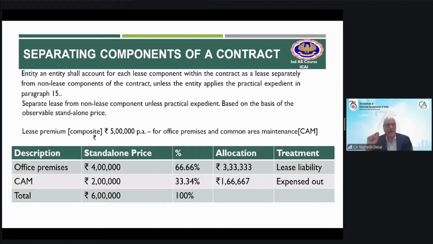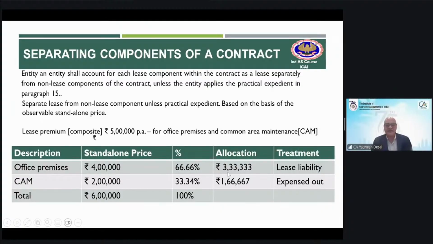At the same time, had I availed of this CAM separately, I would have paid 2 lakh rupees per annum. But now I'm paying only 5 lakhs. So I find the weightage of these two amounts, A premises, B common area maintenance. I find this is 66% and 33% as the weightage in 6 lakhs of these two standalone prices.